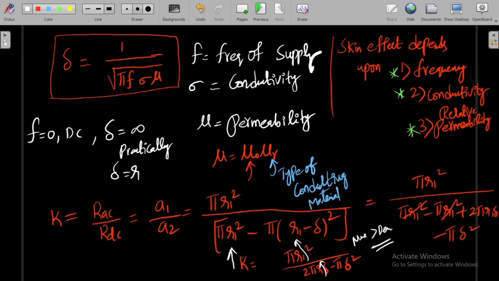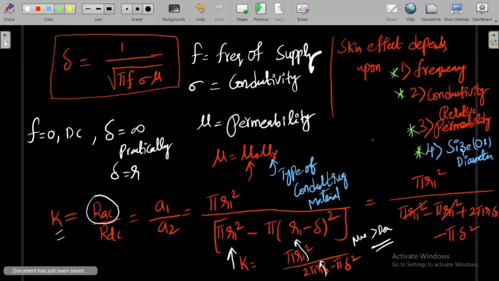When this happens, k automatically increases. When k increases, AC resistance automatically increases. It indicates the skin effect depends upon another major factor, which is the physical size or physical diameter of the conductor. So this is another important thing. So this is about the skin effect.